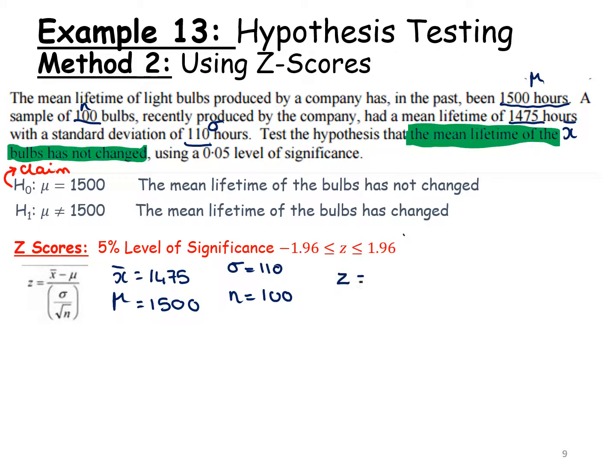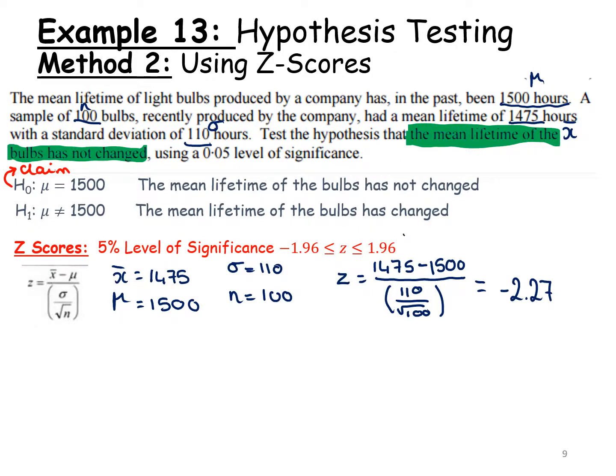Therefore, z equals 1475 minus 1,500 all over 110 over the square root of 100, and working that out we get minus 2.27.